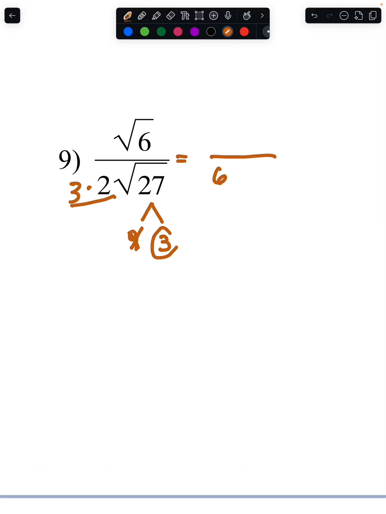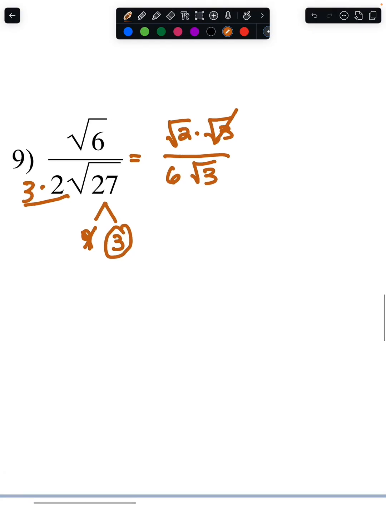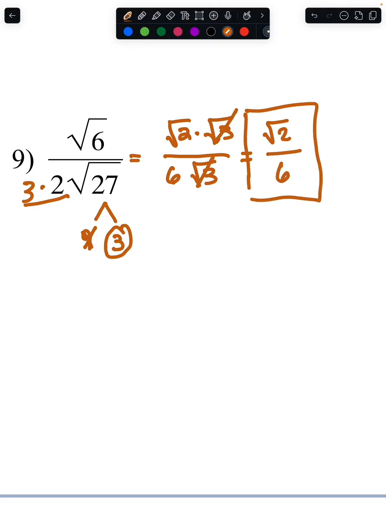And I have the square root of 3 under the bottom. And 6, I'm going to split into the square root of 2 times the square root of 3. And these square root of 3's are going to cancel, leaving me with the square root of 2 over 6. Hopefully you got that.